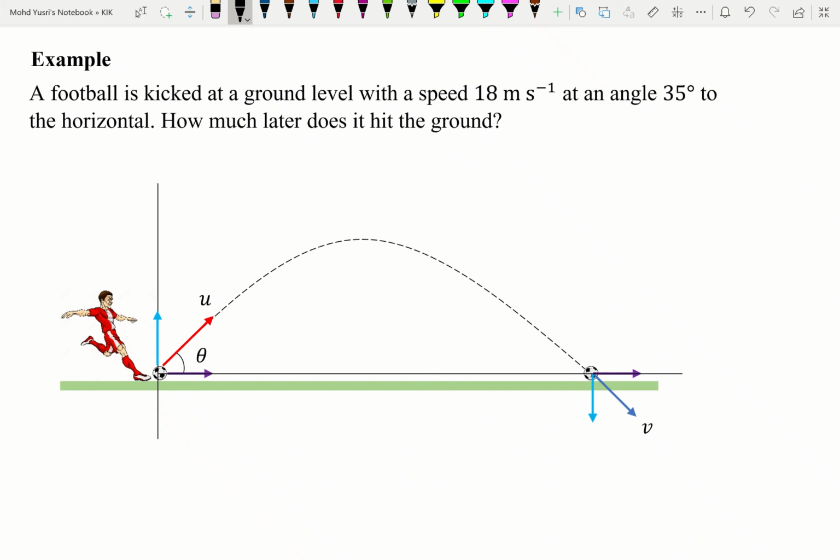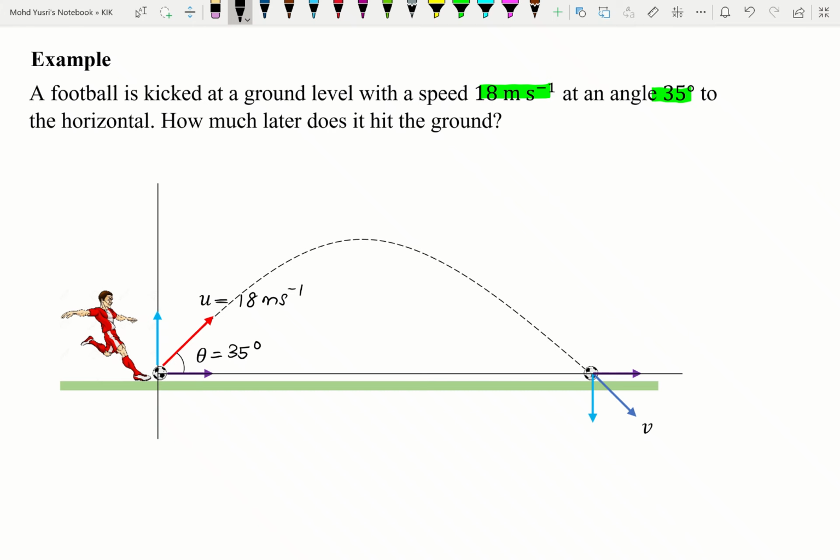Can you label the diagram with the information provided in the question? There are two obvious pieces of information given. The first one is the initial velocity and the angle theta. The initial velocity u is 18 meters per second, while the ball is kicked at an angle of 35 degrees from the horizontal.